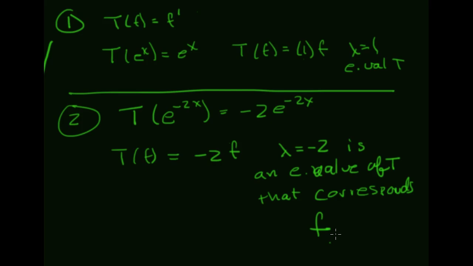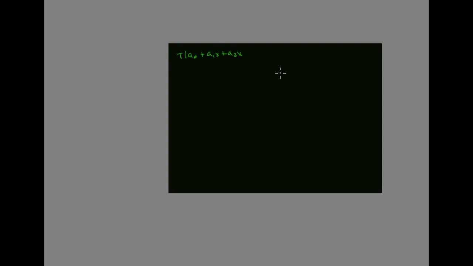When we get into problem number 3, this is where we start getting tripped up a bit. So we have the linear transformation T of a0 plus a1x plus a2x squared, not a2x2. Sorry about that.